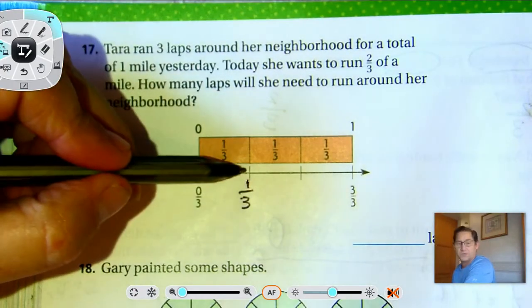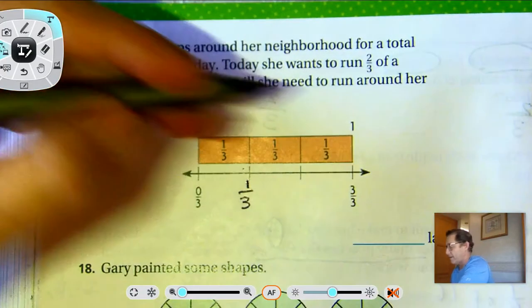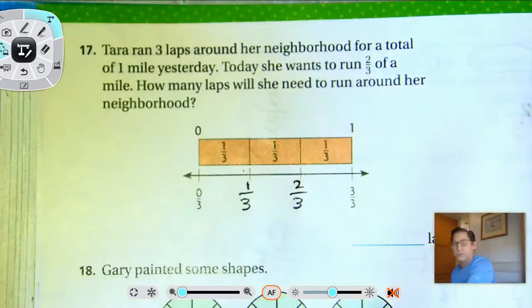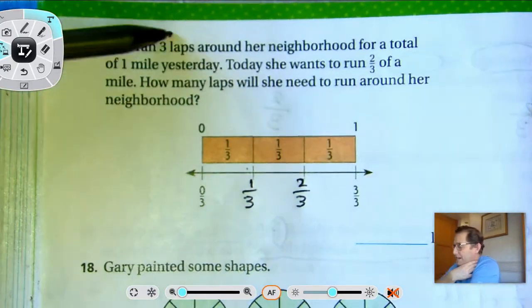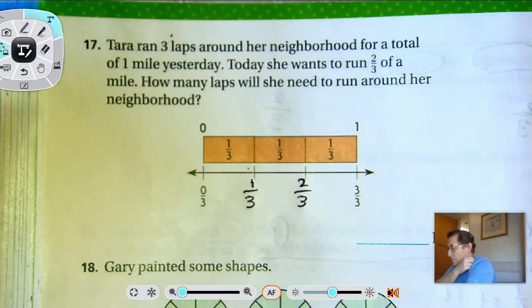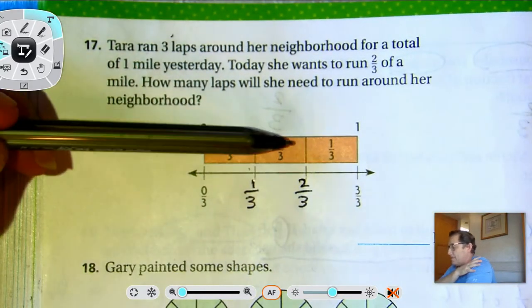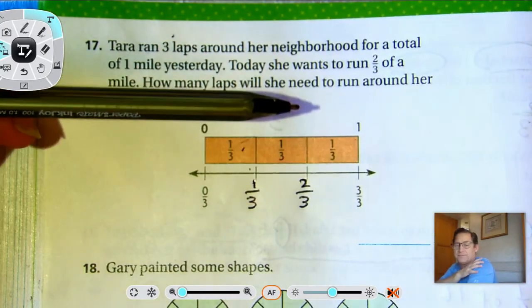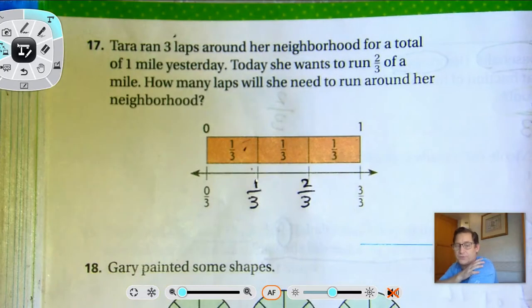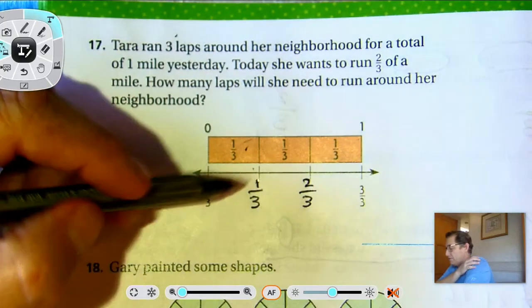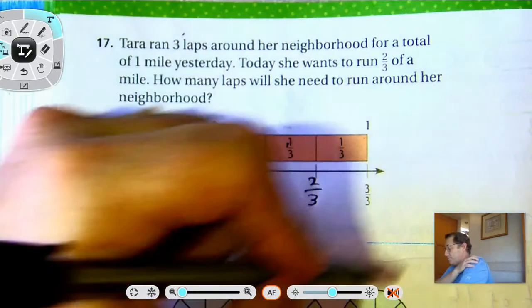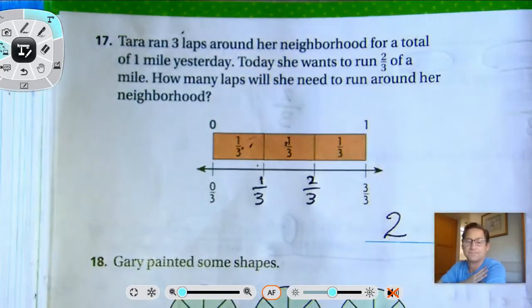So this first one is 1/3 of a mile, then 2/3 of a mile, then 3/3. So if she ran 3 laps to equal a mile, that means this is 1 lap, 2 laps, 3 laps. And that's why it's broken into thirds. So if she wants to run 2/3 of a mile, she has to run 2 laps.